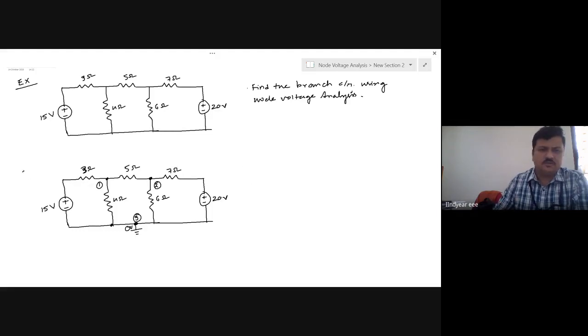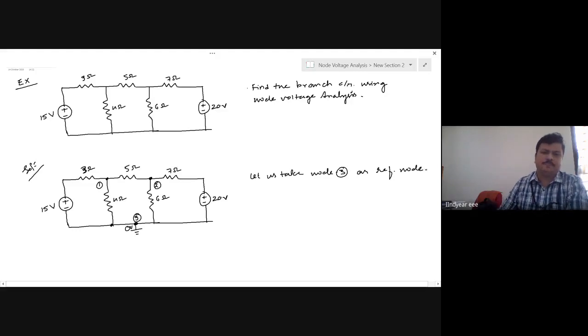This is the solution. Let us take node 3 as reference node. Now at node 1, let the voltage be V1.